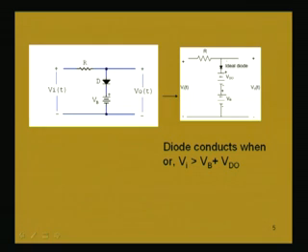Whenever Vi is higher than the potential at the N point. Now, what is the potential at the N point? This potential is Vb plus Vd naught. If you find out the potential at this point with respect to ground, what will it be?